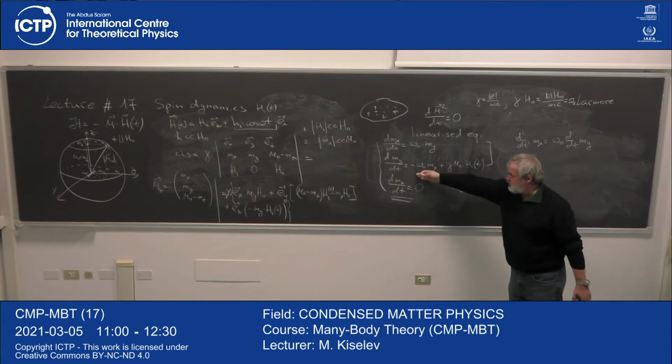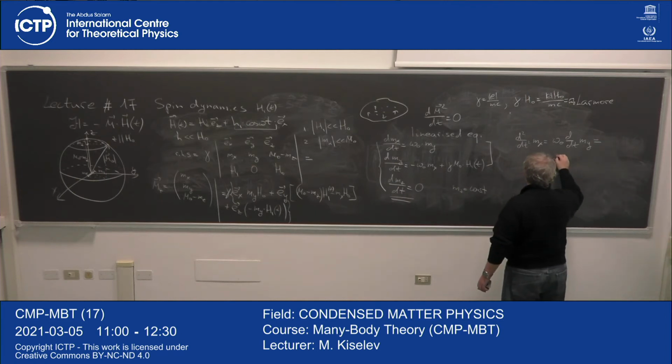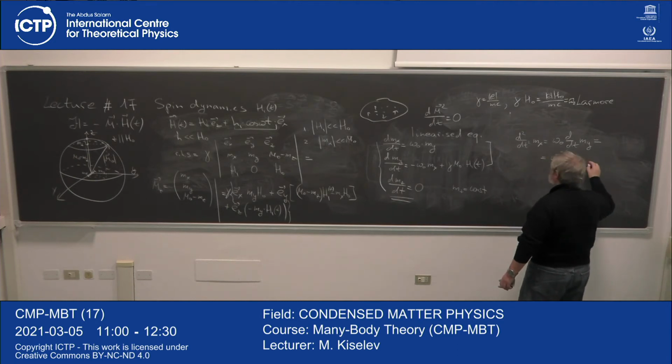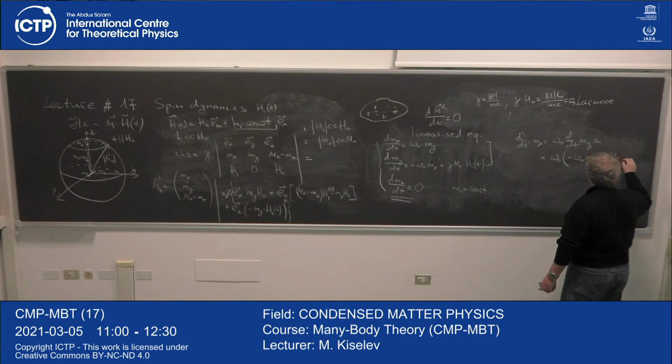But for the second equation, I can plug it in. So this is omega naught times minus omega naught mx plus gamma m naught h1(t).